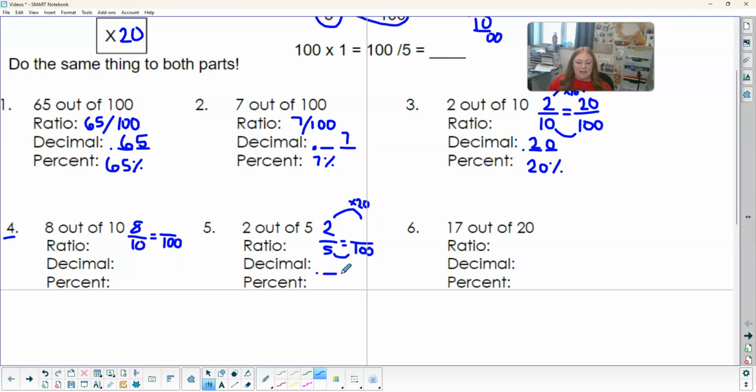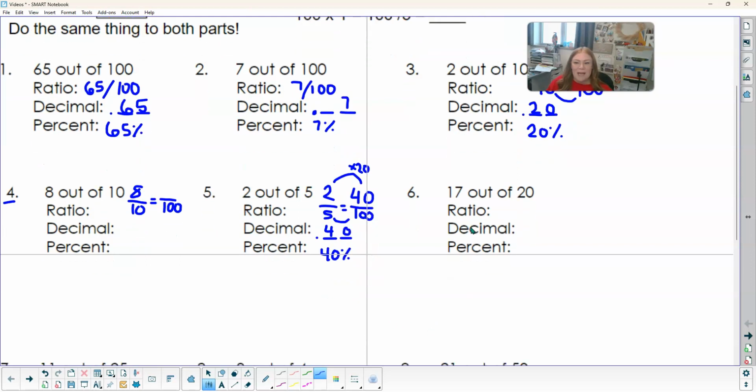Then I write it as a decimal, right? 100 has 2 zeros, so I should have 2 decimal places. And then the percent is just whatever number's over 100 as a percent. So 2 times 20 is 40. I put the 40 here, and then 40%.